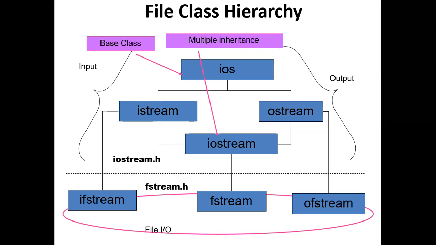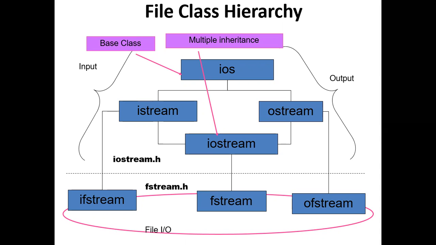Here you can see two things. First is the input output for console. iostream means input from the keyboard, output to the screen. And below you can see fstream, which means file stream.